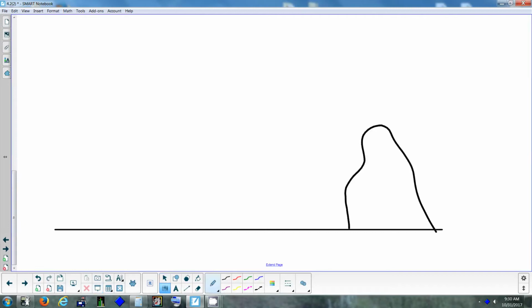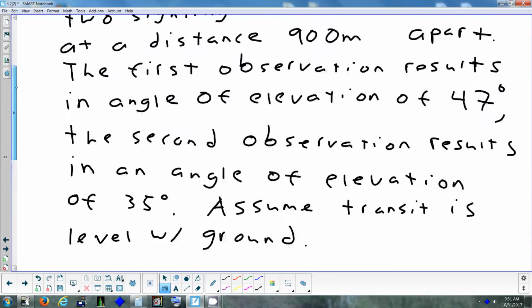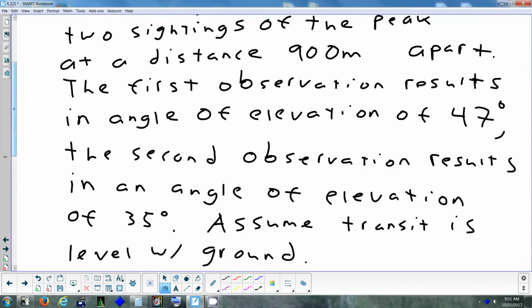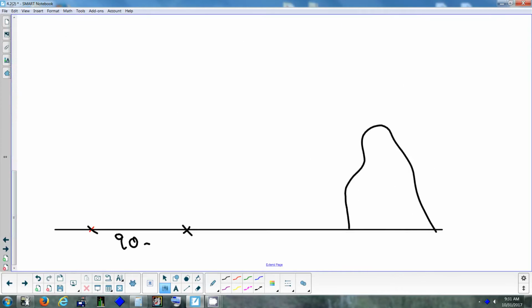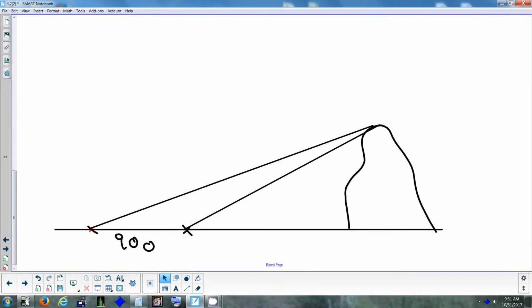And the surveyor is going to take two sightings. One here, one here. And we know that the distance those sightings are apart is how far? 900 meters. So this is 900. So we're going to get a sighting to the top of the mountain there, and another one from there.